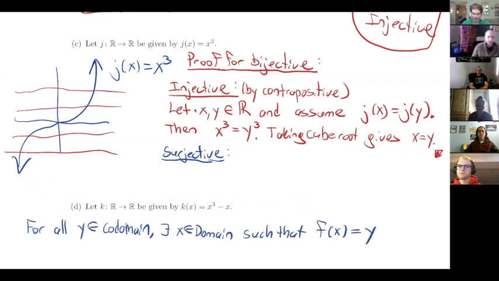Put that down for a sec. So that's the goal to take to prove surjectivity. So here we can say, well, we've used x and y above. So let's just pick a z that's in our codomain, which is R here. What is a real number that would map to z?